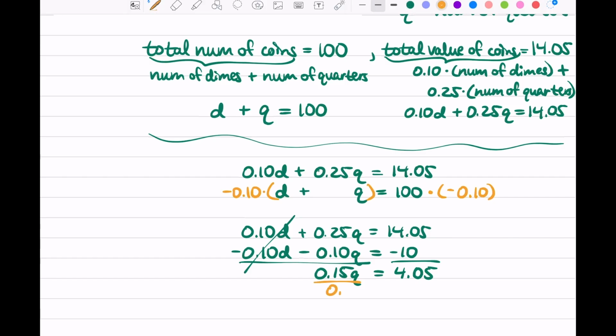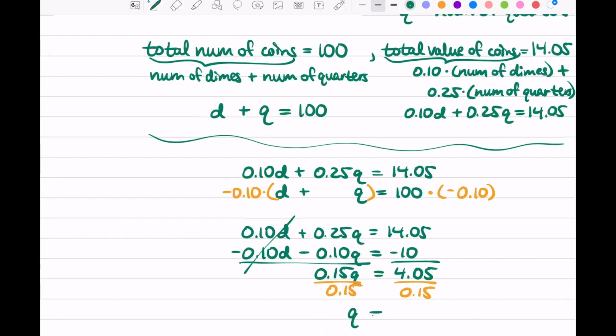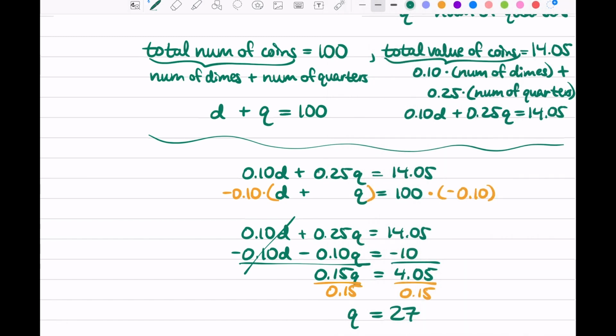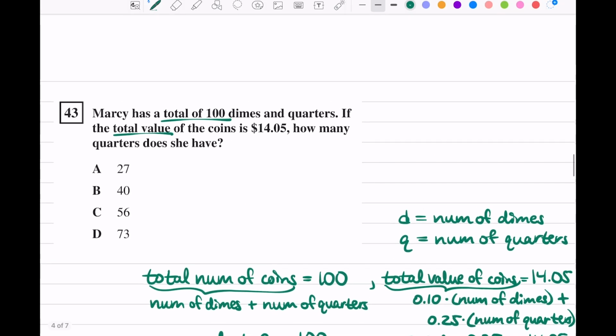Now we'll divide both sides by 0.15, and that gives us Q equals 27. So this tells us that the number of quarters that we have is 27. And the question actually asks, what is the number of quarters? So it made sense to get rid of the D so we could get straight to our answer. And looking at the answer choices, that would be option A.